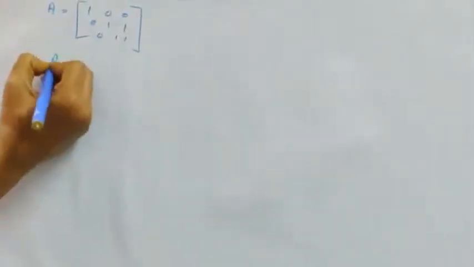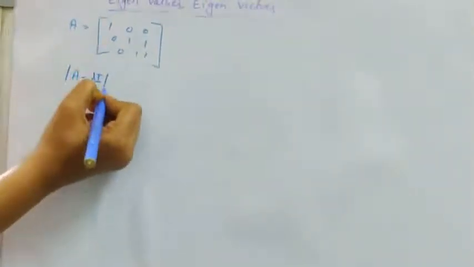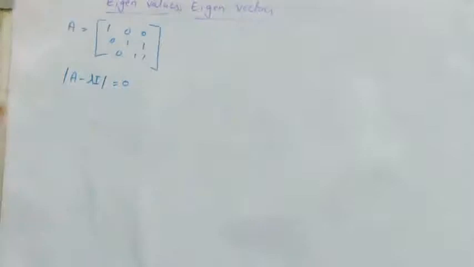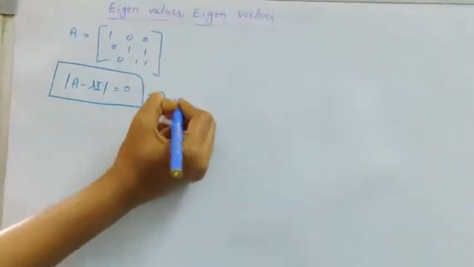Now by using this matrix we have solved the A minus lambda I value. By applying mod to this and equating to 0, we call this the characteristic equation.